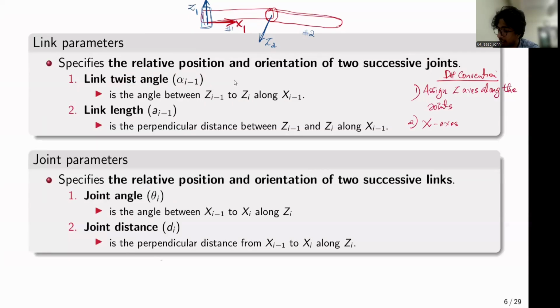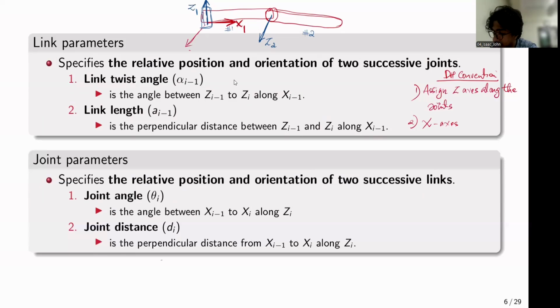And now we have the second link parameter called the link length. This is basically the perpendicular distance between zi minus 1 and zi along xi minus 1, right? So once you have aligned z1 and z2 by the link twist angle, now your z1 would look something like this.